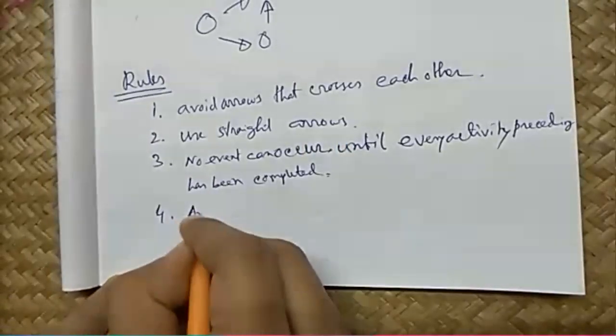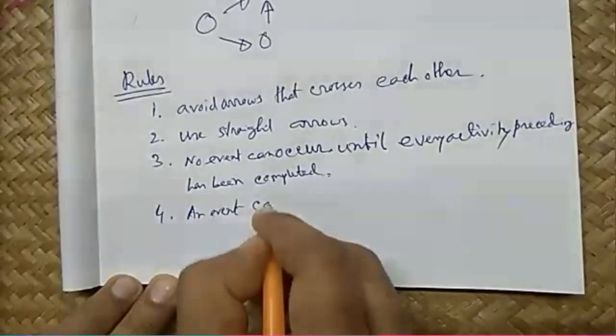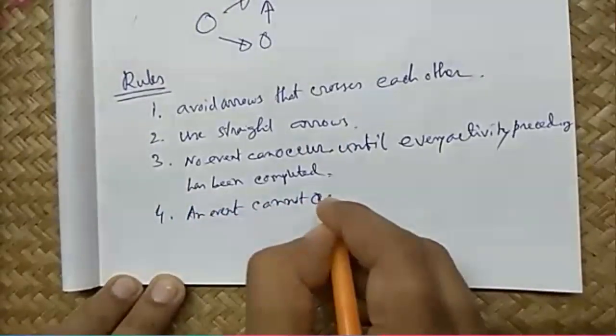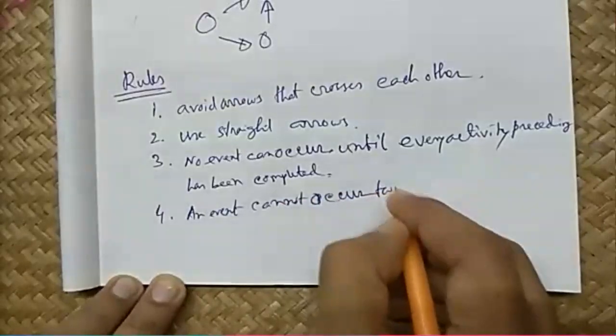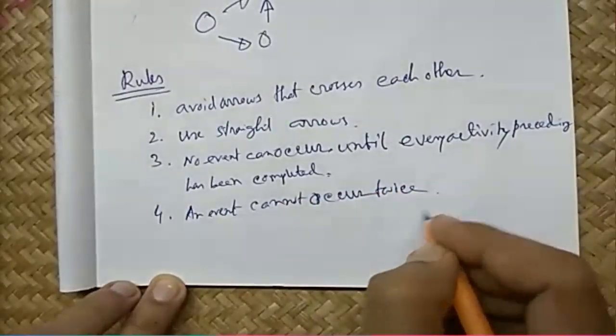An event cannot occur twice. That means no looping or cycling is allowed.